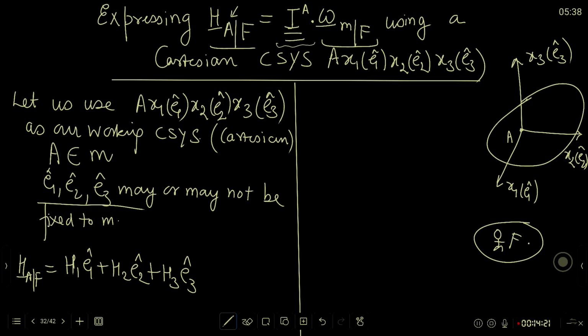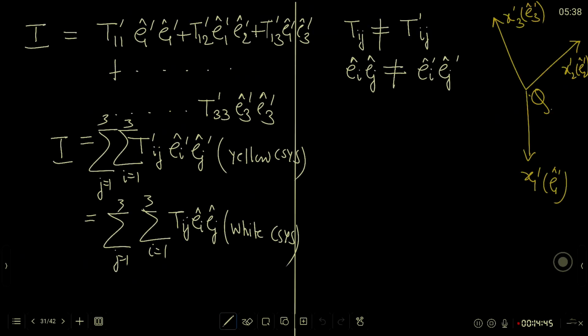Omega MF, let us write that as omega1 E1, omega2 E2, omega3 E3. Alright. Now I just realized that I should have put a double bar here because it's a second order tensor here and here.